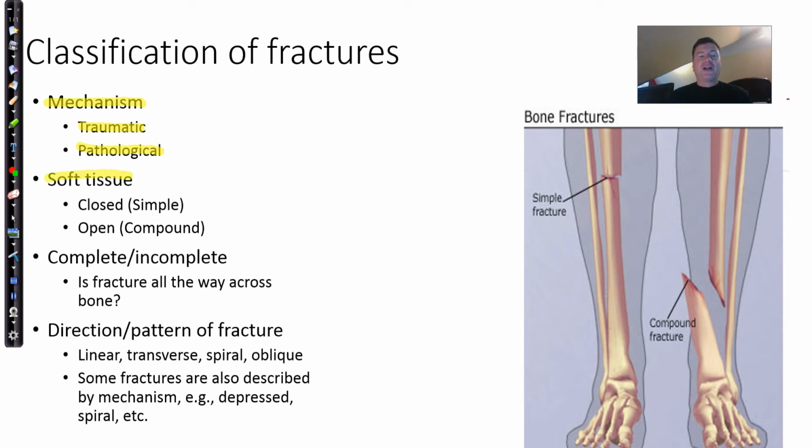Another way of looking at fractures is looking at the extent of damage to the soft tissue, namely whether or not the broken bone penetrates the skin. A closed fracture means the bone does not come through the skin, also known as a simple fracture. But an open or compound fracture is when the bone actually breaks and penetrates the skin.